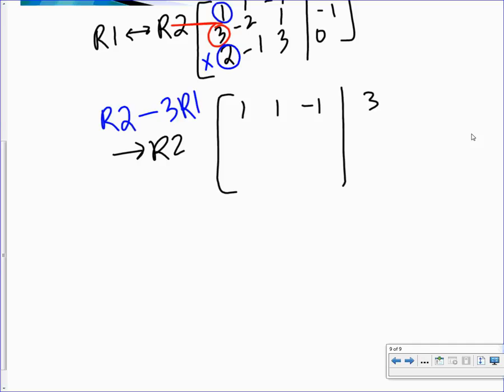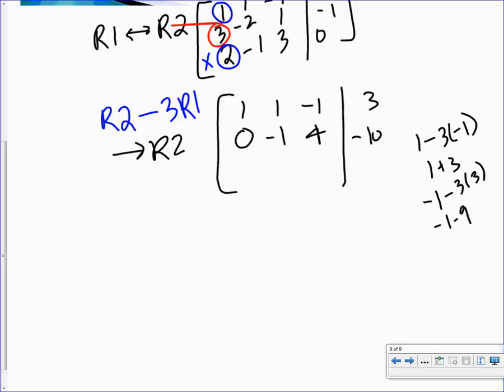So 3 minus 3 is 0. -2 minus 3 times 1, -1. And 1 minus 3 times -1, the same thing as 1 plus 3. That's going to be 4. And then the last column, I'm going to have -1 minus 3 times 3. -1 minus 9, that's -10. Don't be afraid to do your work off to the side like that.